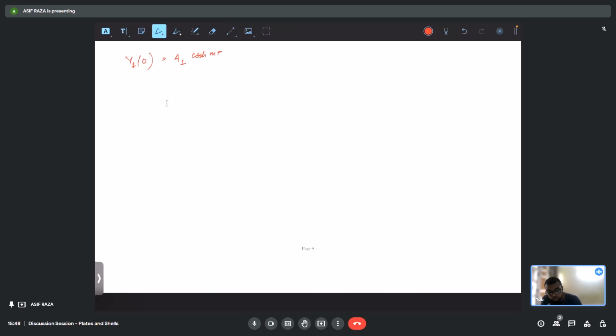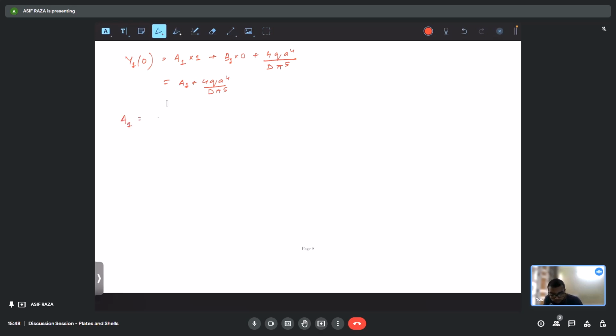So cos h 0 would be 1, plus B1 y, B1 times 0, so the rest of the terms will be 0, and the constant part, that is 4q a to the power 4 by D pi to the power 5 into 1. So only we have A1 plus 4q a to the power 4 by D pi to the power 5.